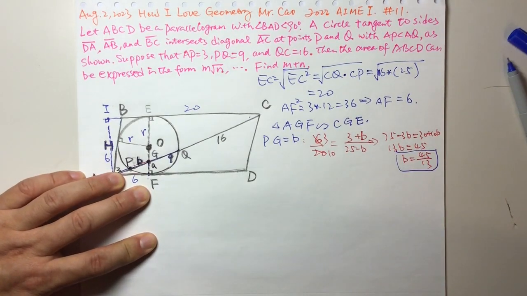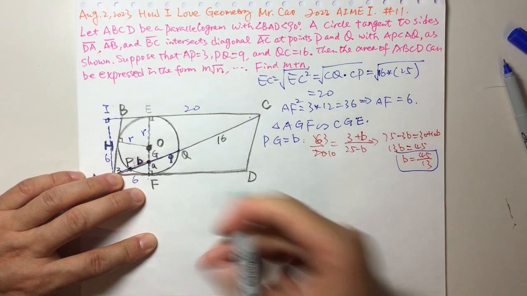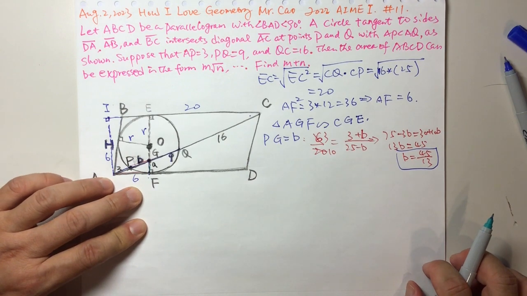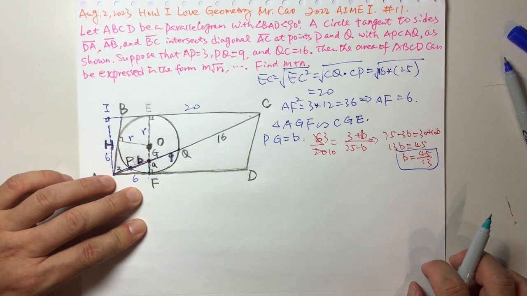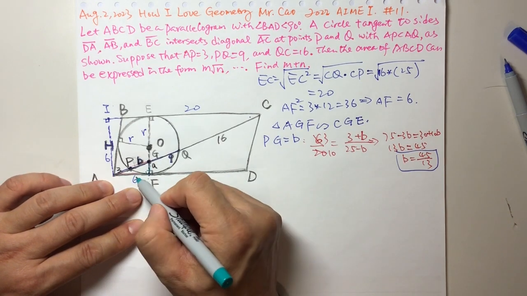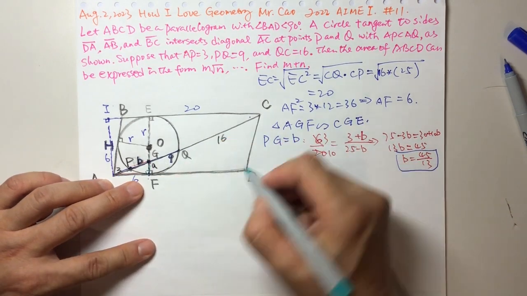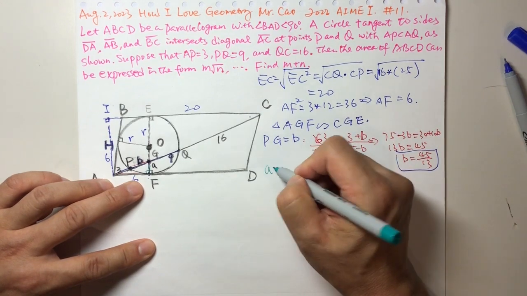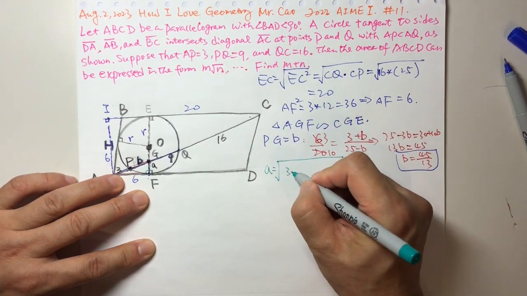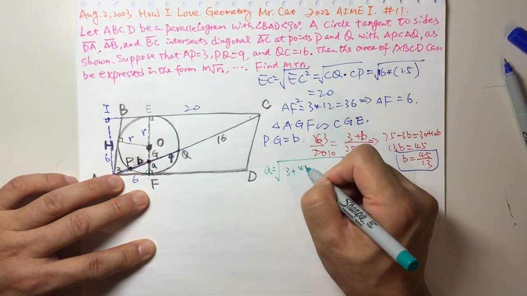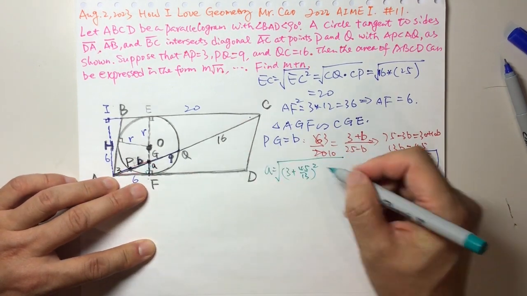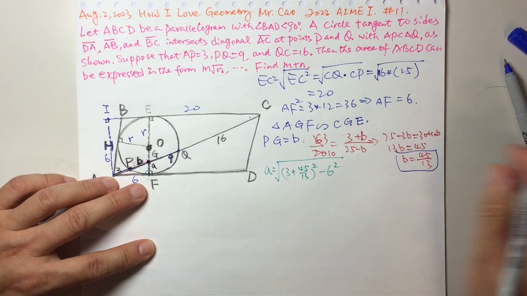Now we want to find the A, correct? If we got B, how to find A? This is a right triangle. We know 6, and we know this, and then A equals the square root of 3 plus 45 over 13, squared, minus 6 squared.